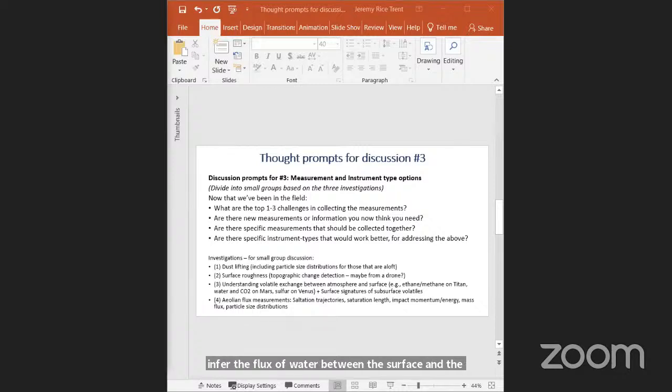We also talked about potentially directly measuring it with eddy covariance methods close to the surface, or also having profilers of a couple of tunable laser spectrometers, some very close to the surface, say centimeters, others a meter up or something like that. And I think all of those sounded promising.